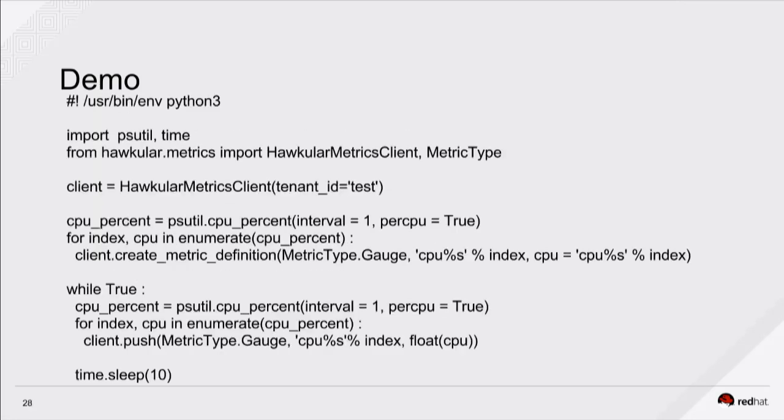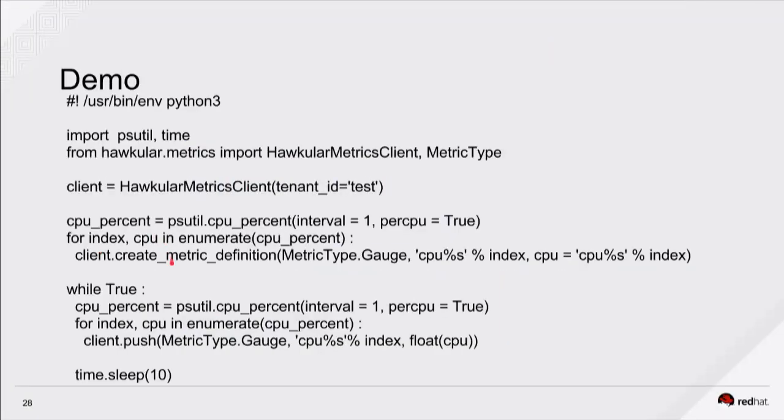And this is the Python script, and that's one of the things we constantly try to do, make the interface as simple as possible. All you have to do is import the Hawkular Metrics library into your Python script and create a client. I have only 2 calls to Hawkular.